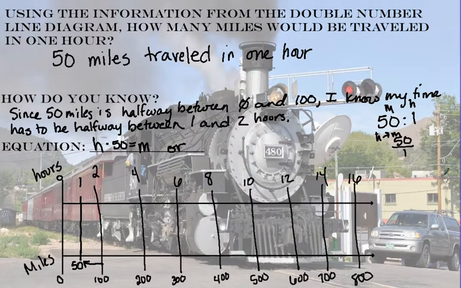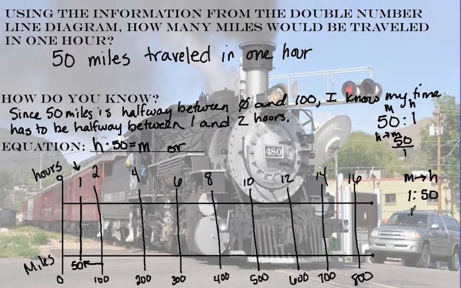Or I can look at it and go from miles to hours. Since I'm going from miles to hours, I want to set up my ratio for hours to miles. Remember, we're working backwards. And that is for every 1 hour, I go 50 miles. And mind you, we're using this ratio because it has the 1 in it, and it makes it a lot easier than having to simplify.